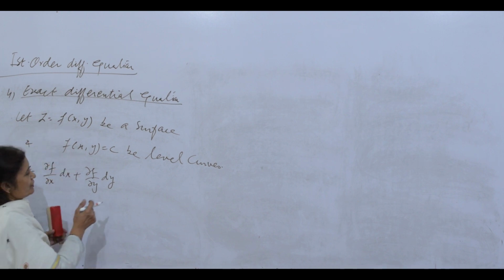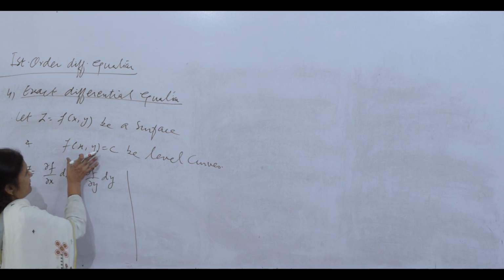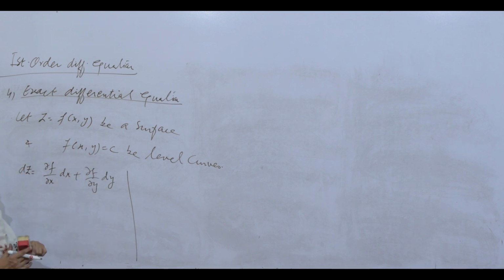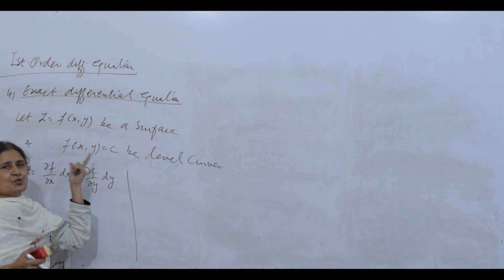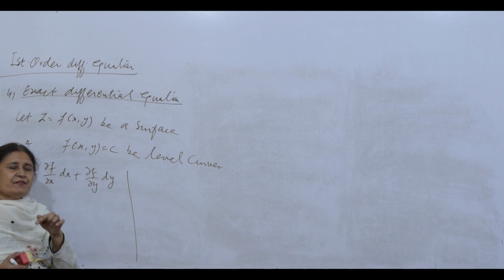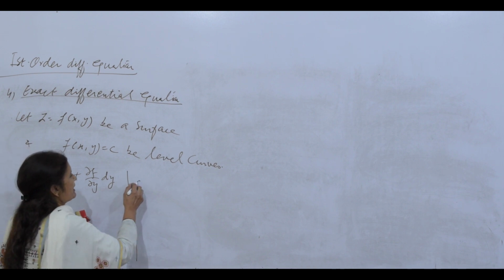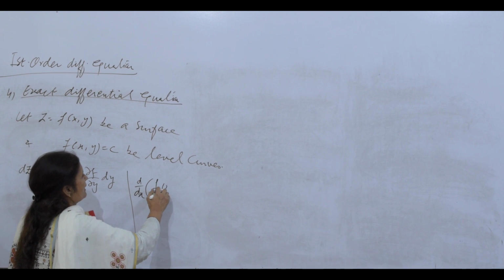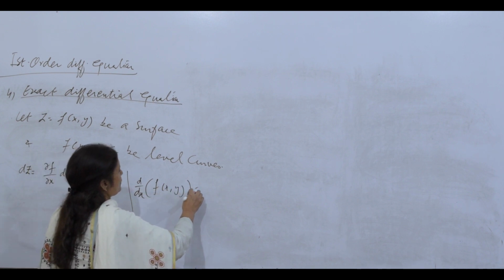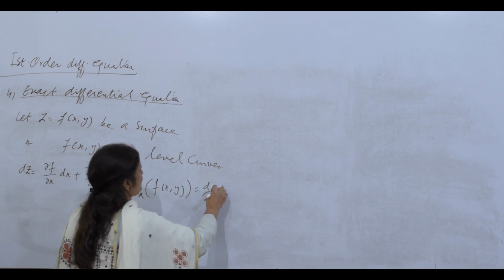Let me find the derivative for this. So f(x,y) equal to c or equal to 0, this is an implicit function. The form of an implicit function is f(x,y) equal to 0, in which y is a function of x. So let me take d by dx of f(x,y) equal to d by dx of c.